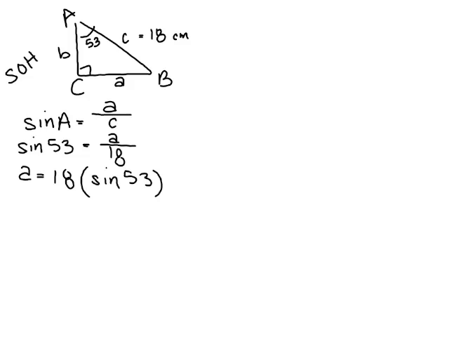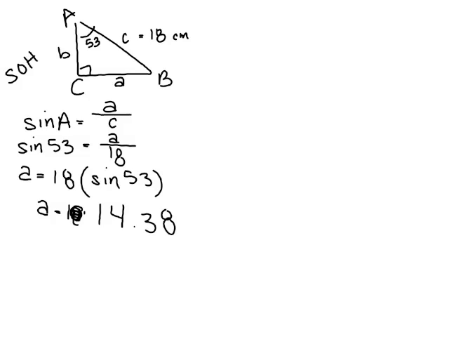Calculator, 53 sine times 18. What did everybody get? A equals 14. Oops. That didn't write very well, sorry. 14.375. So we can round up or down. Okay, round up. 14.38. So our A side, 14.38.